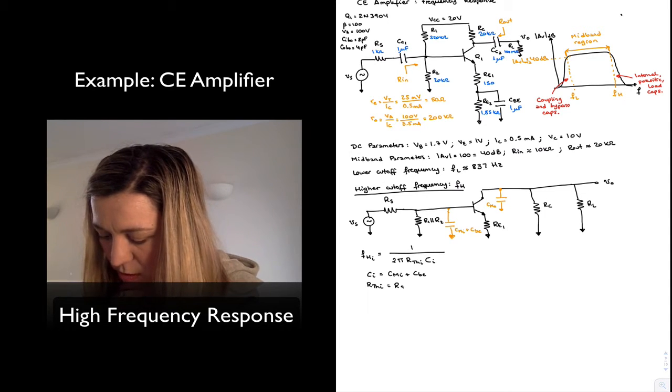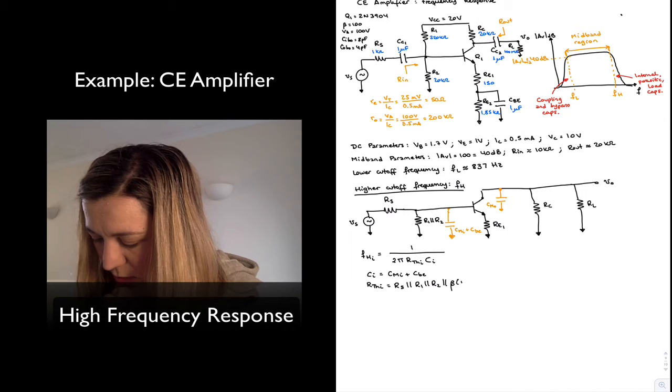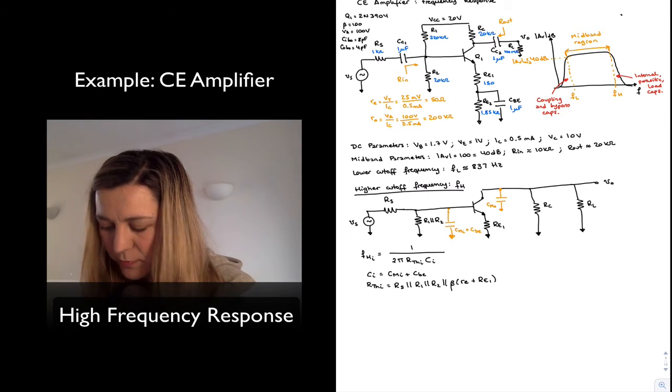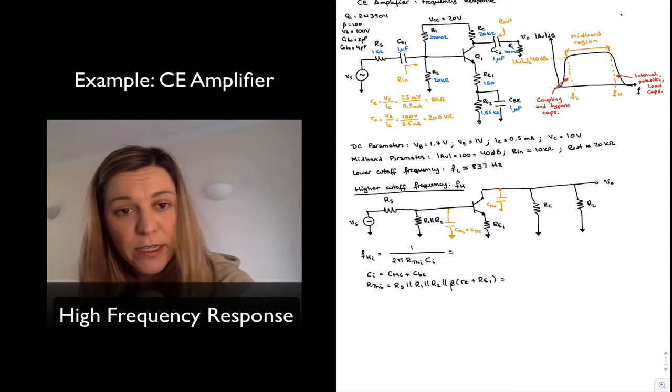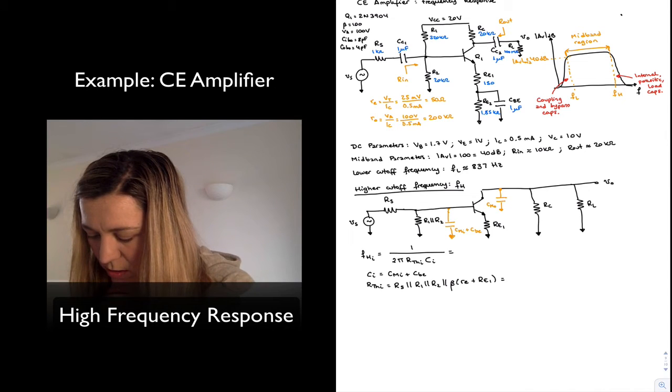So RS parallel R1, R2, in parallel with beta times little re plus RE1. I'm going to calculate that value separately.